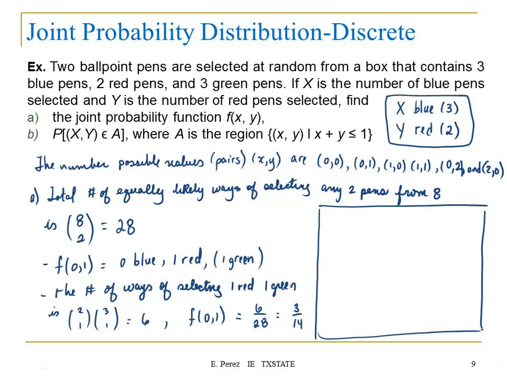And you can represent the joint probability distribution with the following formula.